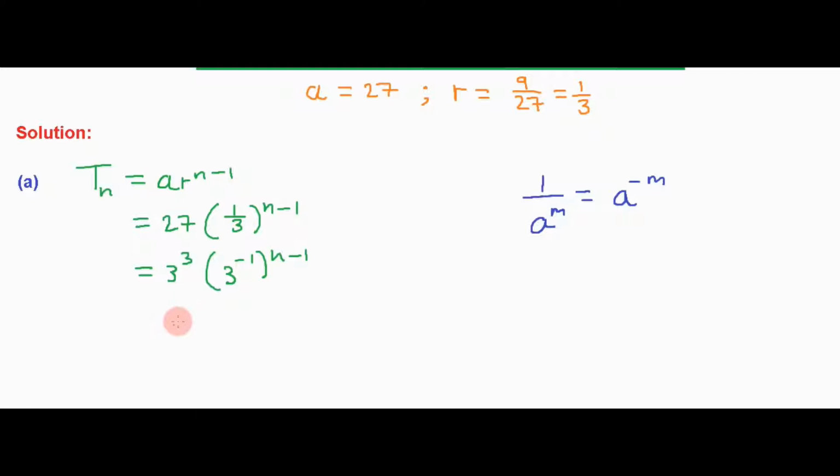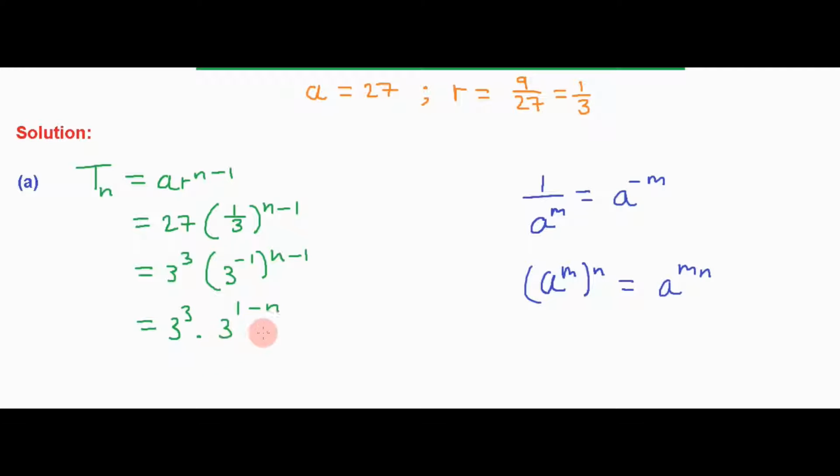We can simplify further. So we have 3 cubed, and here we can multiply the powers. So we get 3 to the negative n plus 1, or 1 minus n. And of course here we're using the exponential law, a to the m all to the n is equal to a to the m times n.